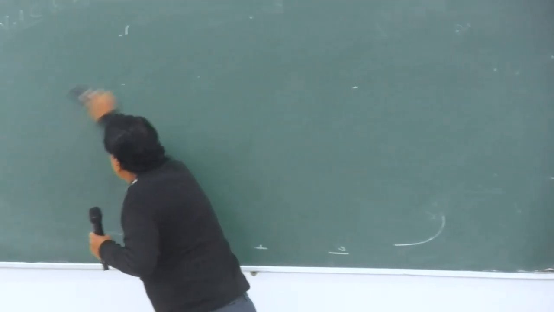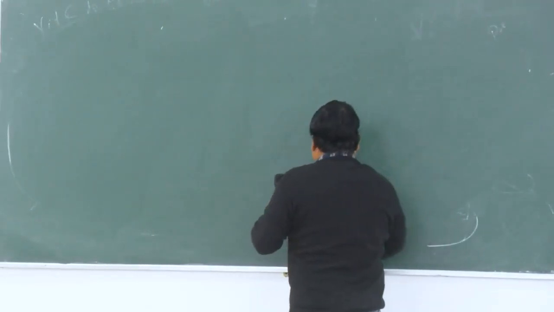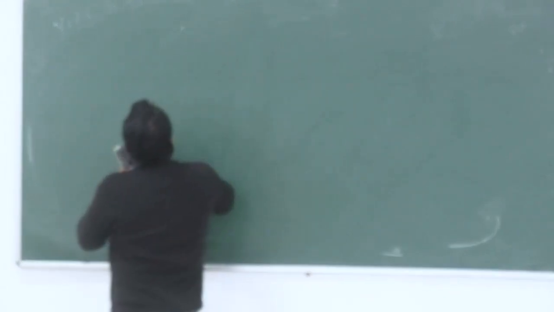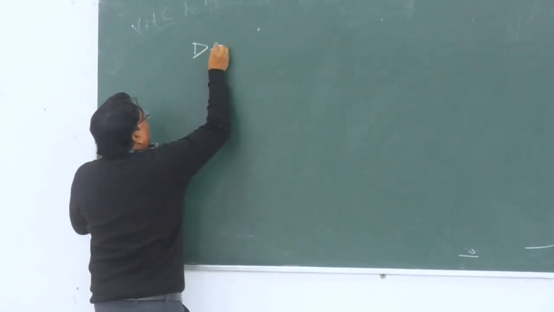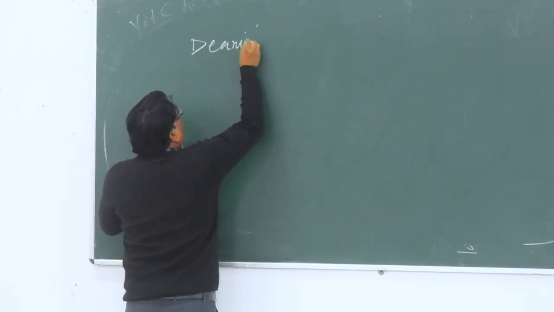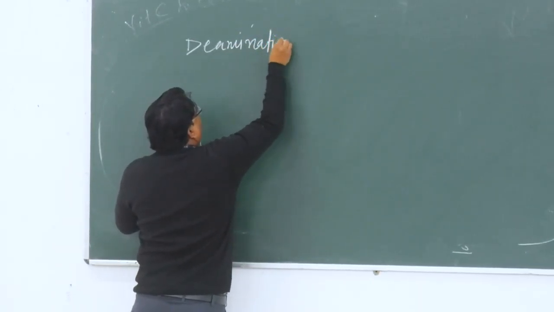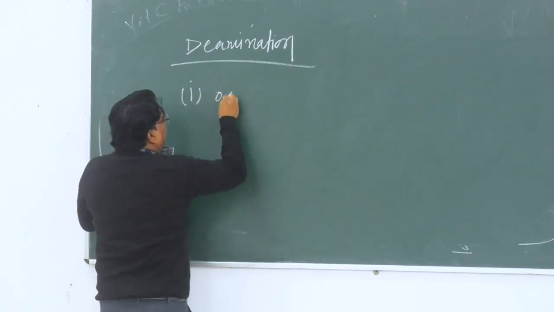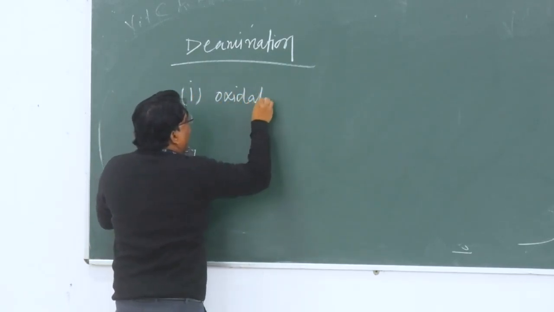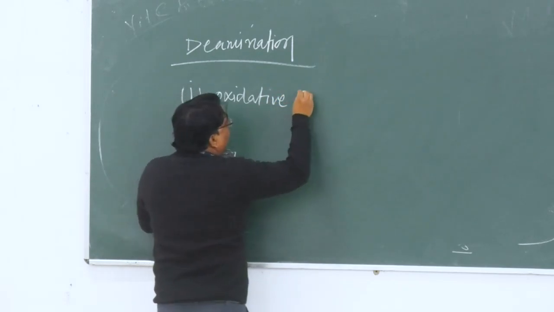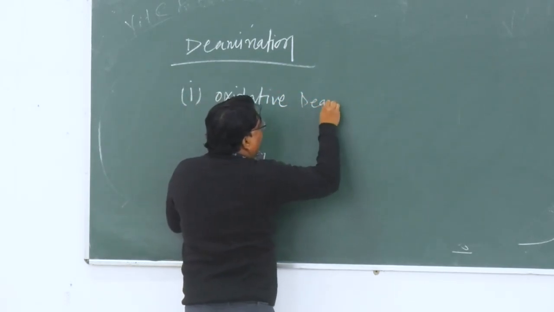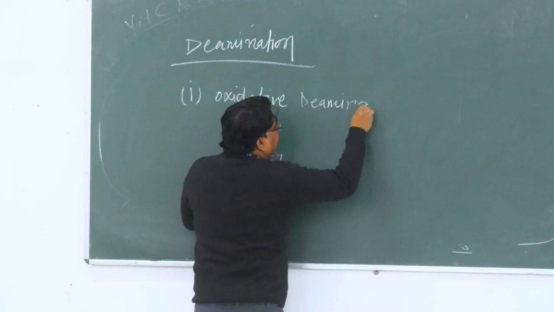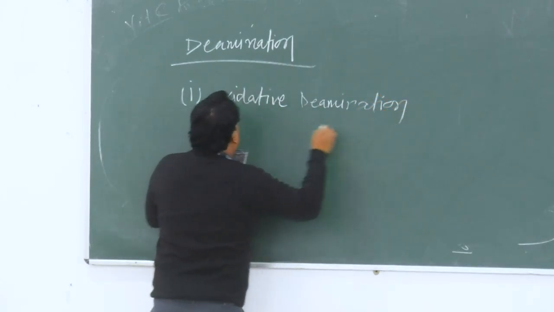Removal of ammonia. Deamination is of two types. The first one is oxidative deamination, and the second one is non-oxidative deamination.